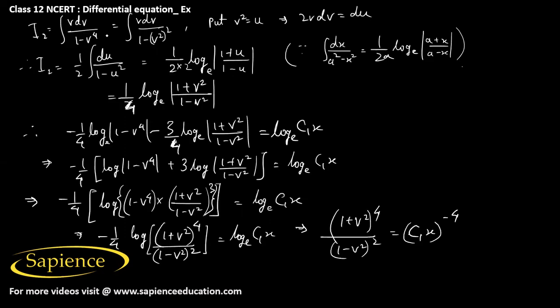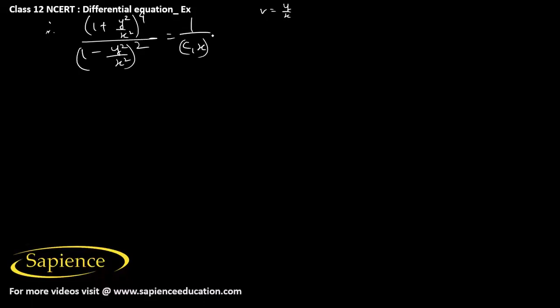Therefore, we can see that this will be 1 plus v square. Now v we can substitute as y by x. So it will be (1 plus y square by x square) whole power 4 divided by (1 minus y square by x square) whole square, that is equal to 1 by (c1x) whole power 4.